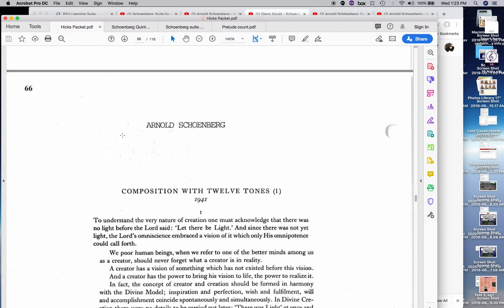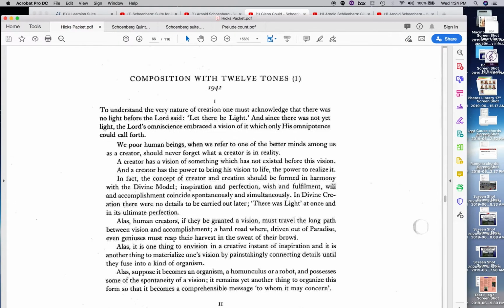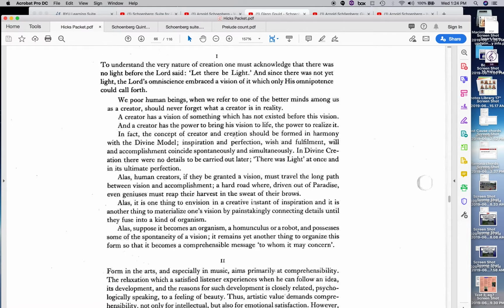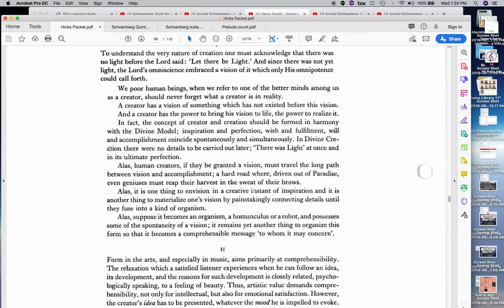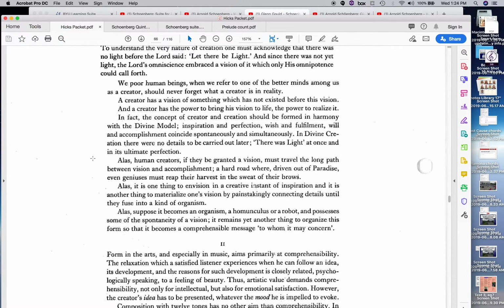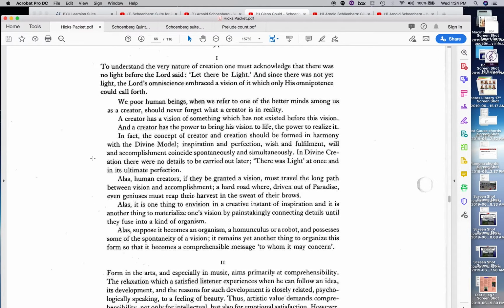Now, Schoenberg, of course, in the manner of many treatises on music, starts off with an appeal to scripture, an appeal to religion, and he talks about the composer as a creator similar to God. I think that Schoenberg liked to compare himself to God somewhat. I think to do what he did, you had to have a pretty big ego, maybe mostly in good ways.